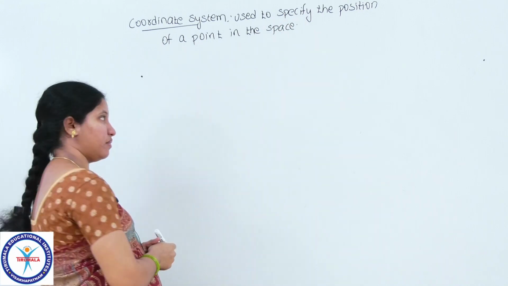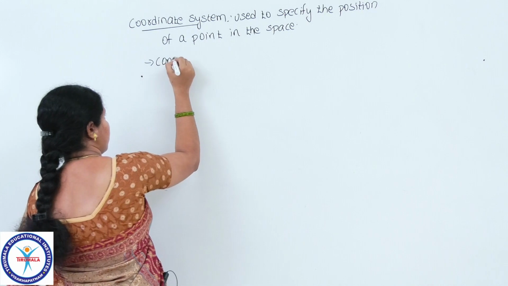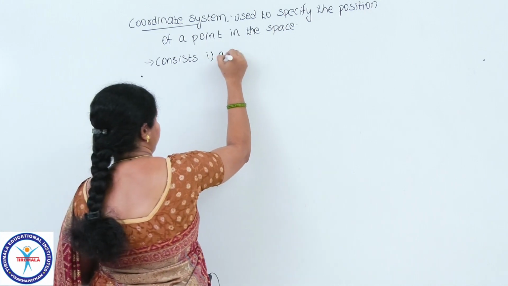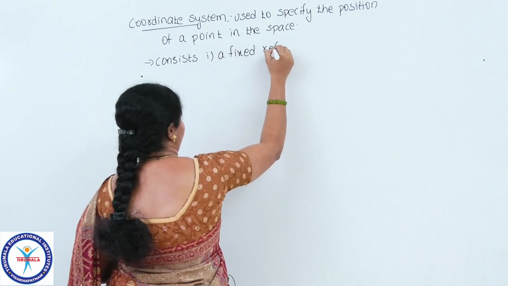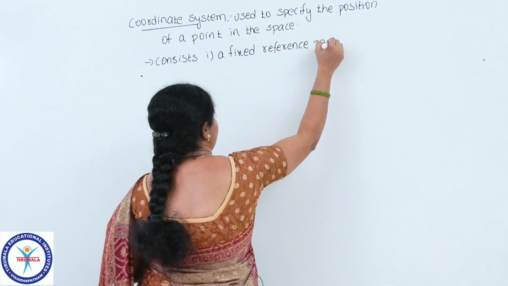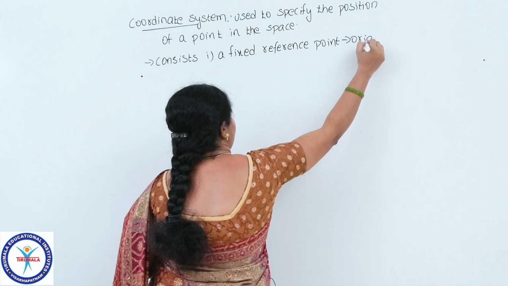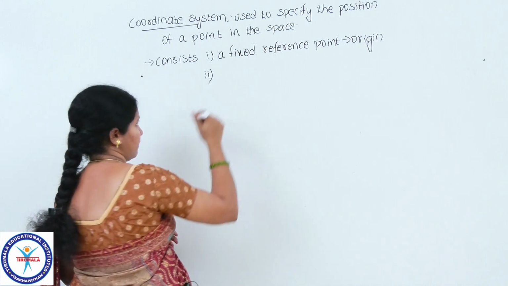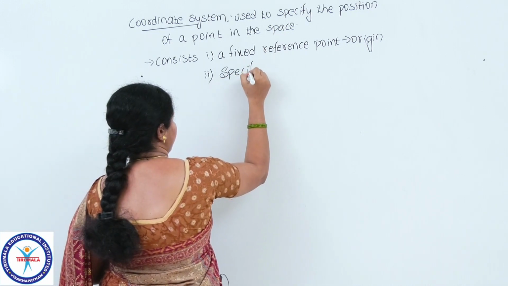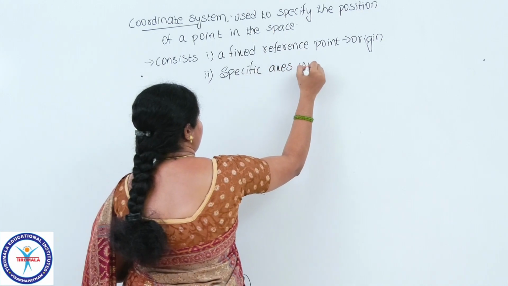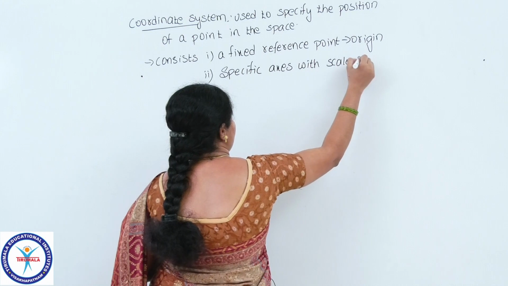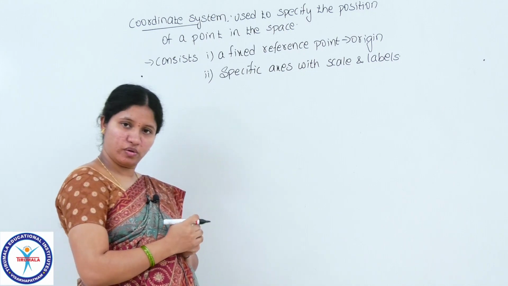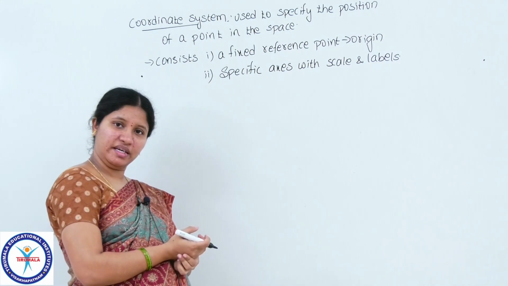This coordinate system consists of, first, a fixed reference point which is known as origin, and second, axes, that is specific axes with scale and labels.